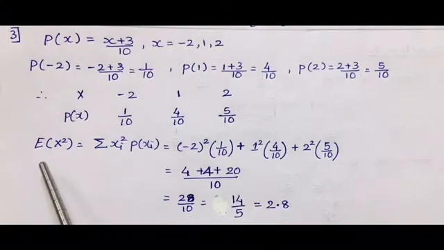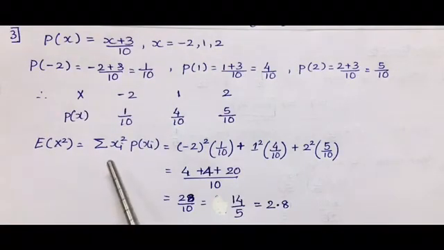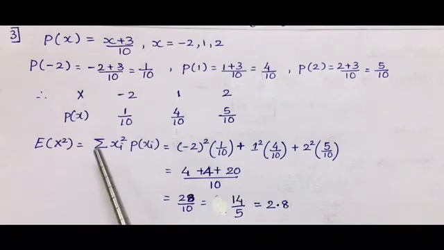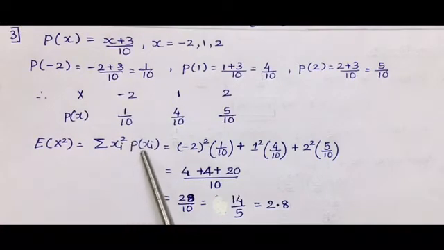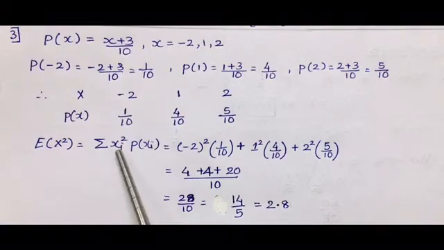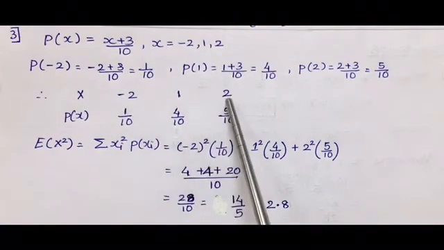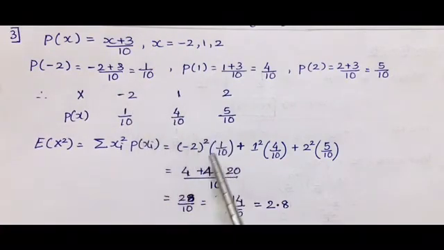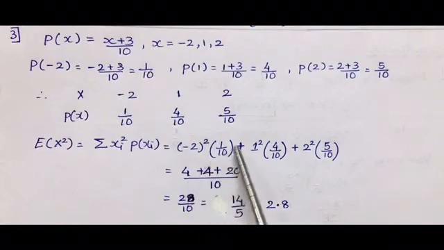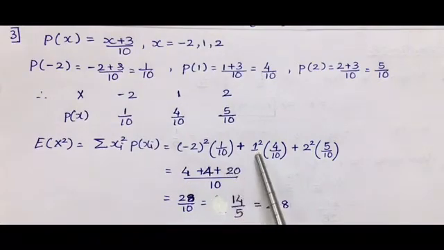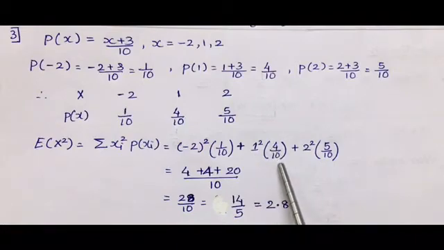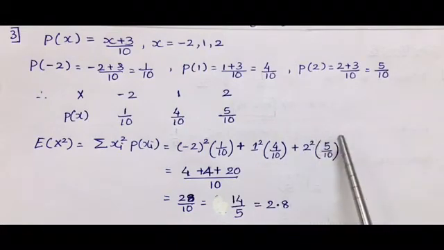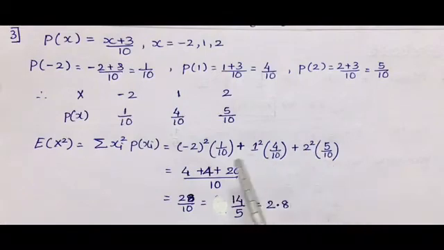Now calculating E of x square, the formula is summation xi square pxi. So here all the xi's are to be squared and multiplied by its corresponding probability. So minus 2 square is 4 into 1 by 10, 1 square into 4 by 10, 2 square into 5 by 10.